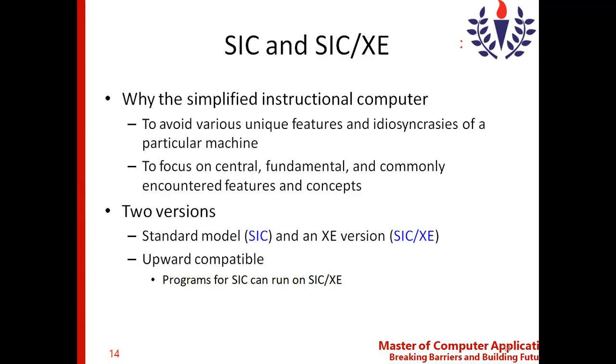The SIC machine has upward compatibility. What is the meaning of upward compatibility? When you write a program in SIC, that program can run on a SIC/XE machine, but there is no downward compatibility, only upward compatibility. So whenever you write a program in SIC, you can run it on SIC/XE as well.